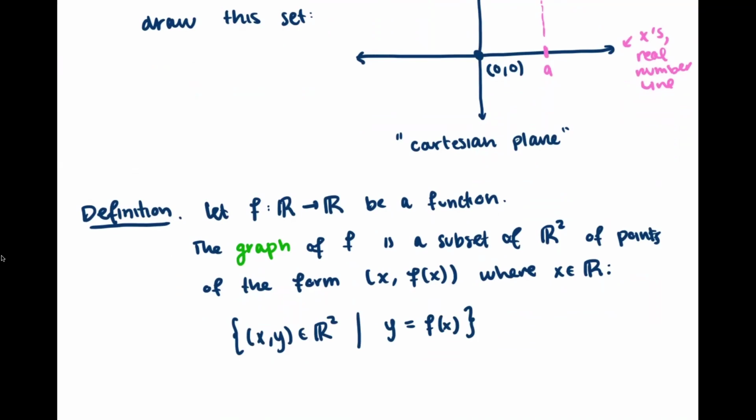Here's another way to write this: I could also write that this is the pairs x comma f of x such that x is a real number. That's the second way of building sets. So these are equivalent.